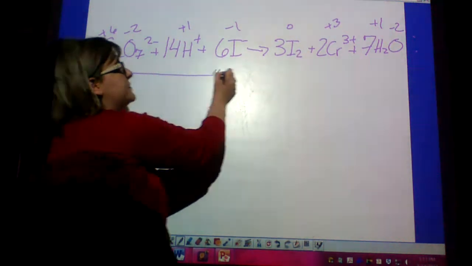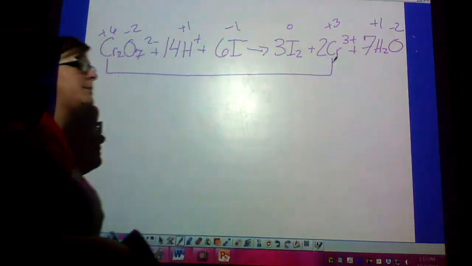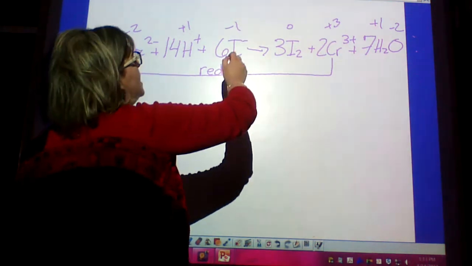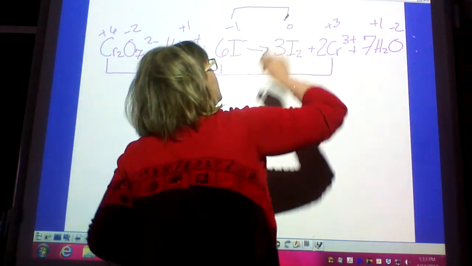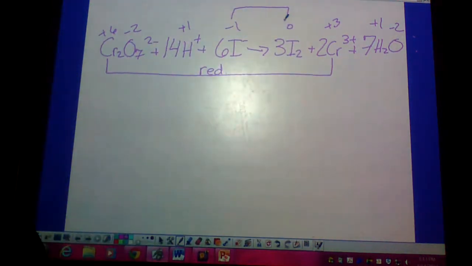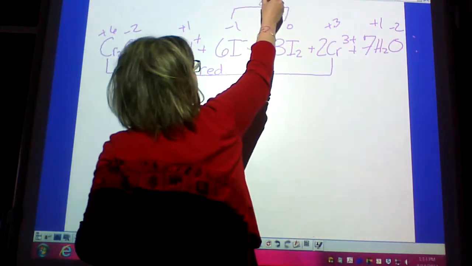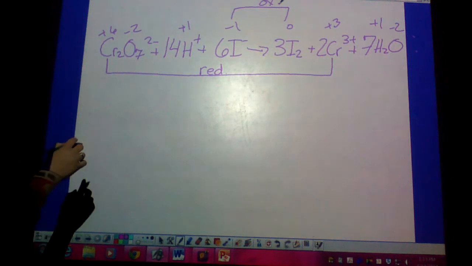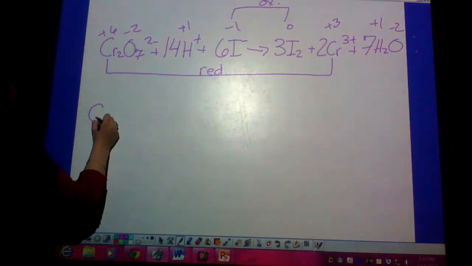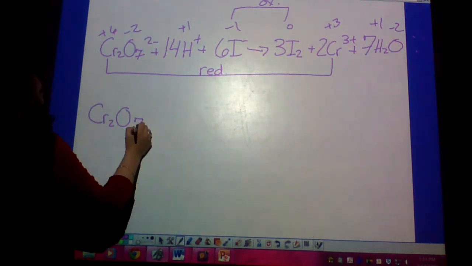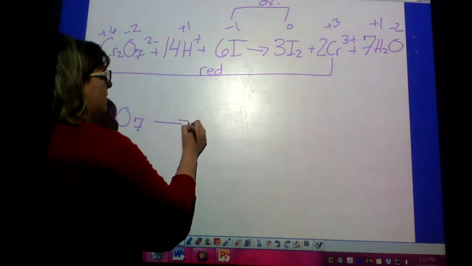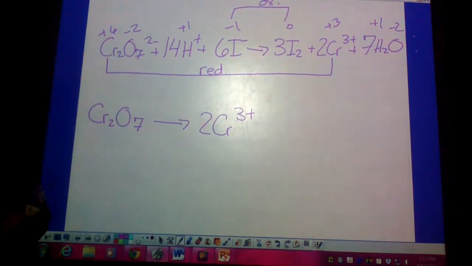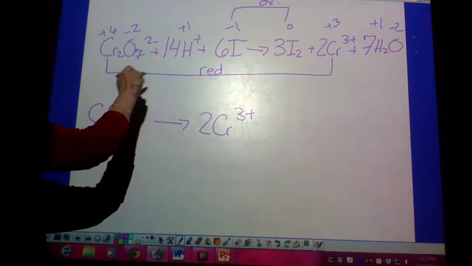Chromium goes from a positive 6 to a positive 3, meaning that it becomes less positive, meaning that it must be gaining electrons, so it's reduced. Iodine goes from a negative 1 to a 0, becoming more positive, meaning that it's losing electrons, so iodine must be what's oxidized. So if I want to think about their half reactions, I have Cr2O7 2- going to 2Cr3+, and that would be for the reduction.